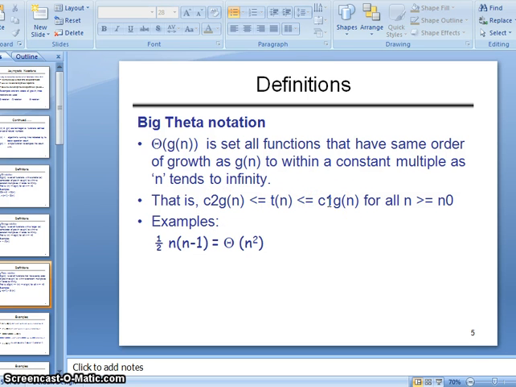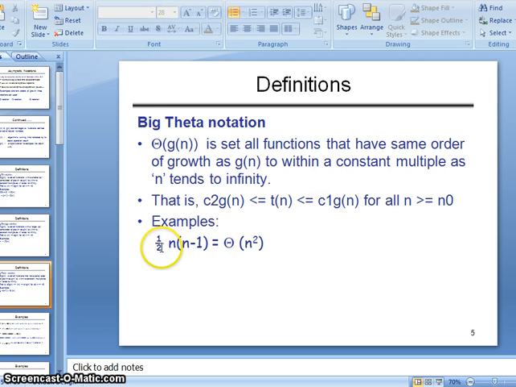So the time bound is between the two curves C2 G of n and C1 G of n for all n greater than or equal to n0. That is, it is bounded below and above.